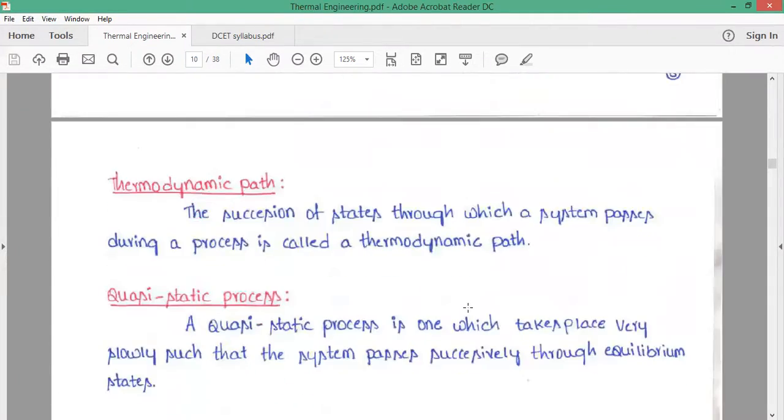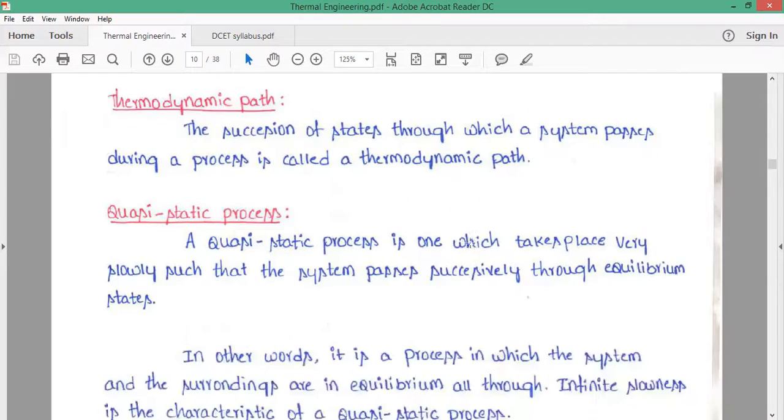Then the path. The system can change its state from initial state to final state in many ways: by keeping the pressure constant, the volume constant, the temperature constant, and so on. The path followed by the system is called the thermodynamic path.